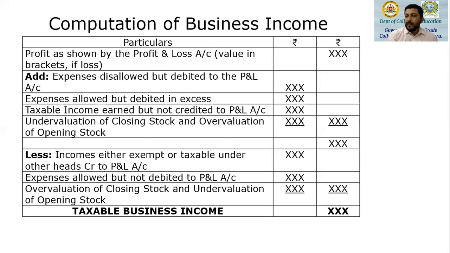Then we deduct incomes either exempt from tax or taxable under other heads, not under business head, if credited. Then expenses are allowed, but those expenses are not debited to profit and loss account. It is given outside. So such expenses, business related, must be deducted.